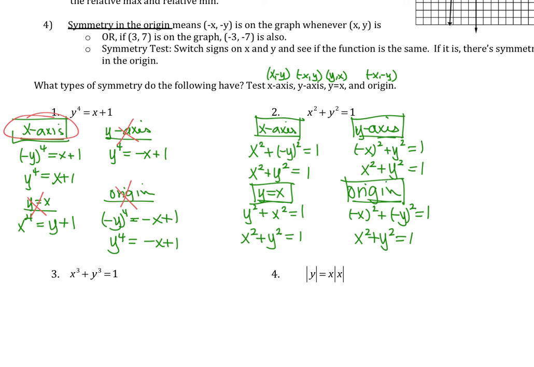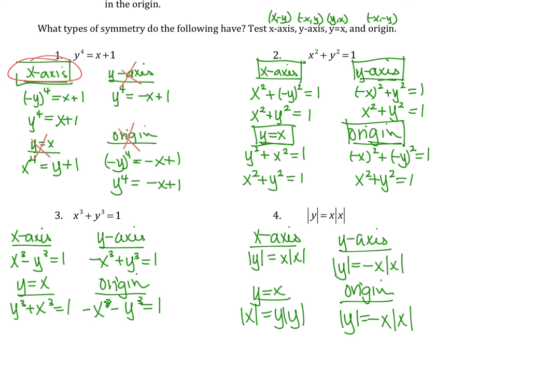So why don't you give number 3 and 4 a try? Okay, I can see some of you are done, so let's go over these and talk about which ones work. For the x-axis, we get x cubed minus y cubed equals 1, which is obviously different from this one, so no symmetry in the x-axis.